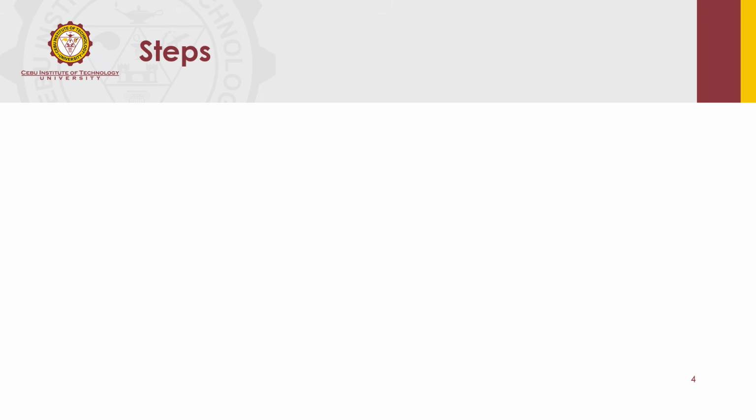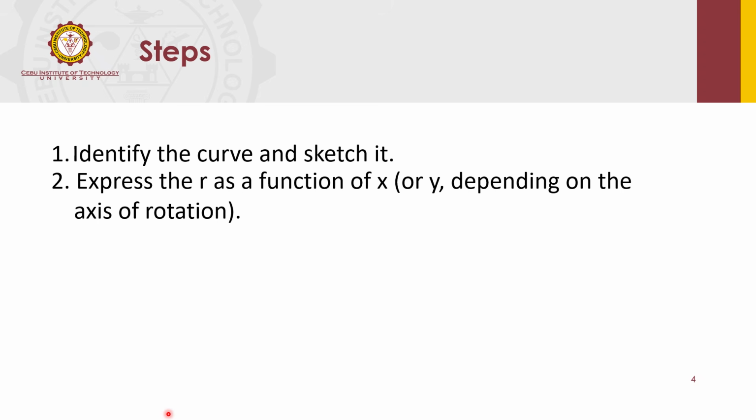The steps in doing the circular disc method: first, identify the curve and sketch it, express the radius as a function of x or y, depending on the axis of rotation, and then set up and evaluate the integral. The unit for volume is cubic units.